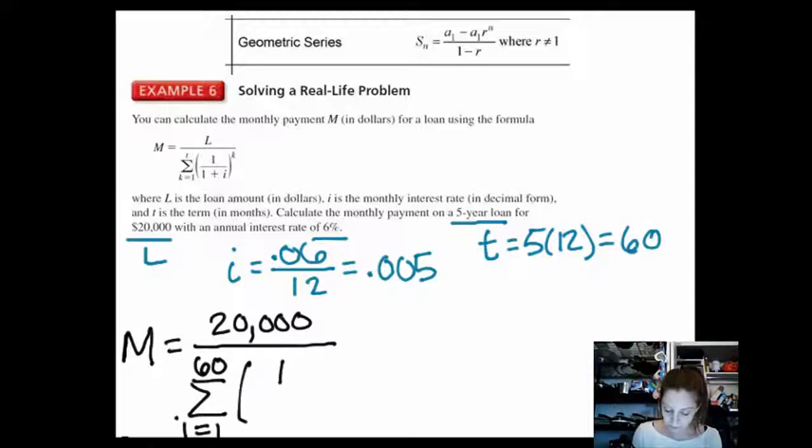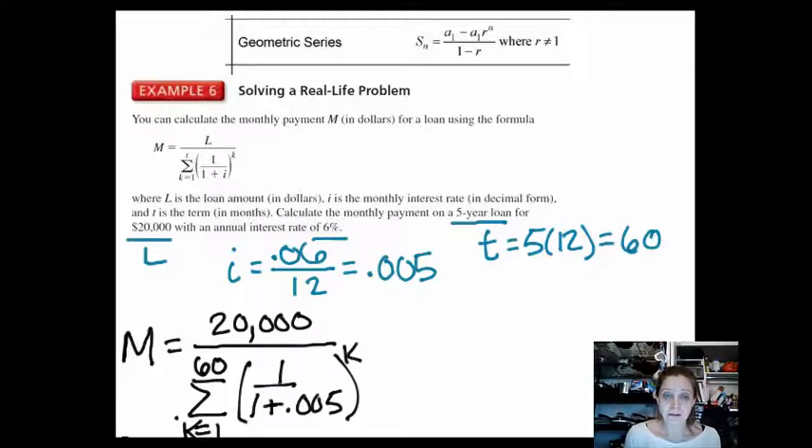And the rule is 1 over 1 plus i, which is 0.005, all to the k.